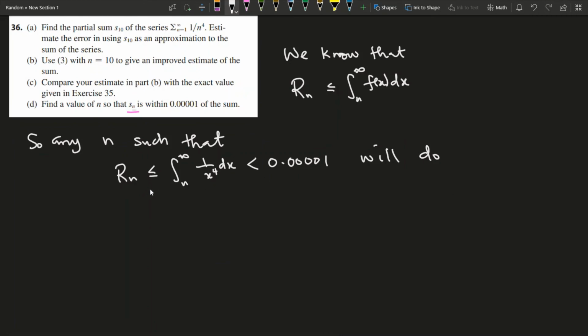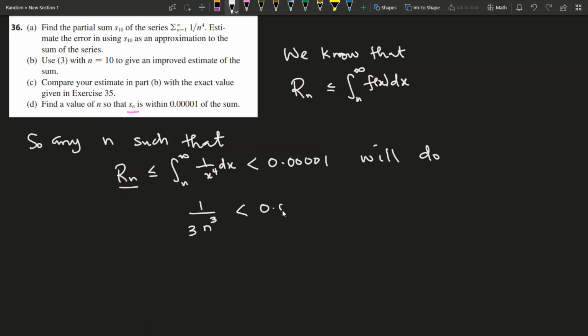Okay, so we don't know anything about this, but we know this, and we can use this to find n that makes this happen. So recall that this integral is 1 over 3n to the third, right?